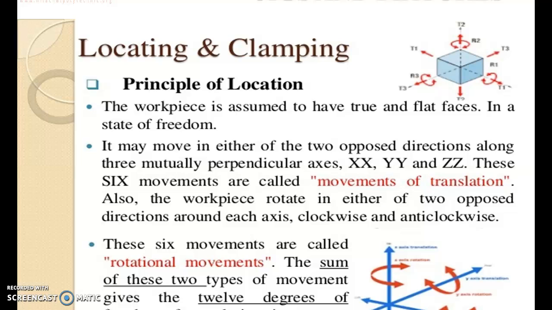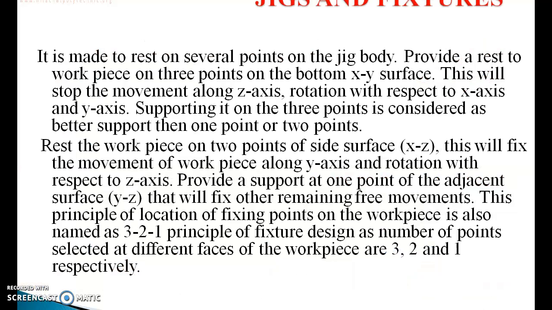In order to locate the block correctly within a jig, all these 6 movements must be restrained by arranging suitable locating points and then clamping the block in this position.